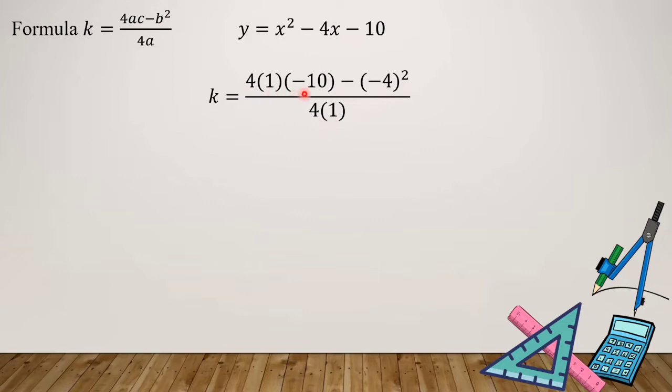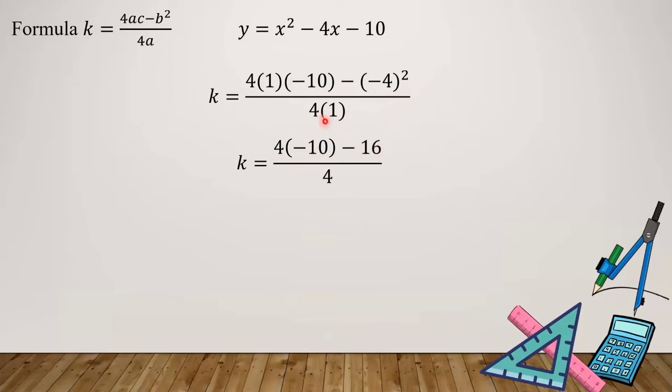1 multiplied by negative 10 is equal to negative 10. Then negative 4 squared is positive 16. So k is equal to 4 multiplied by negative 10. Copy natin yung sign. Then yung square ng negative 4, which is 16.